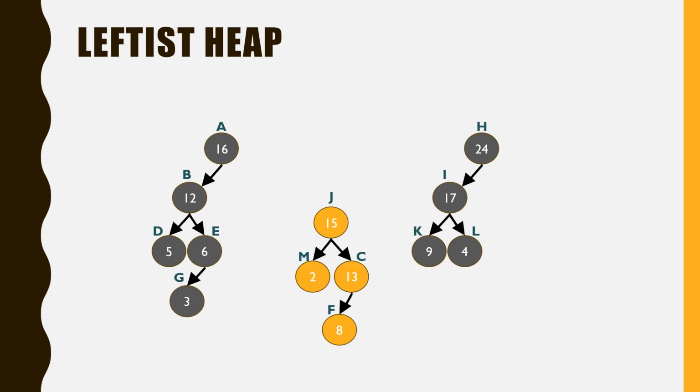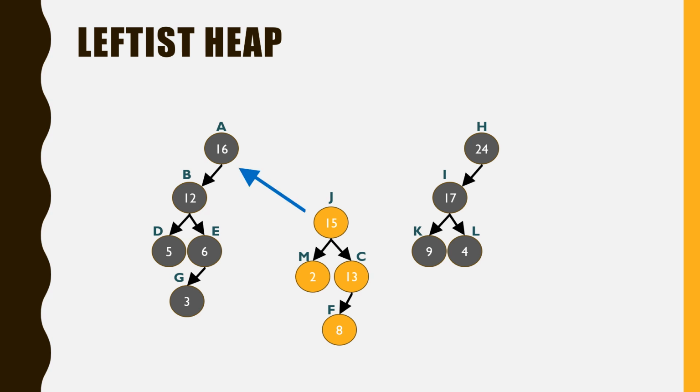After attaching the subtree rooted at C as the right subtree of node J, we check the NPLs of its children. The NPL of J's left child is 0, and the NPL of J's right child is also 0. Therefore, no swap is needed.